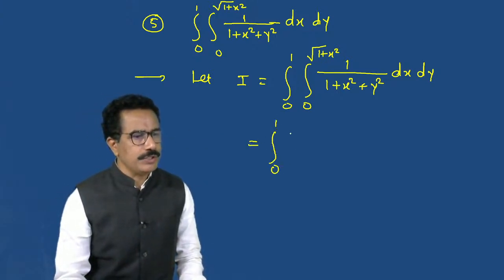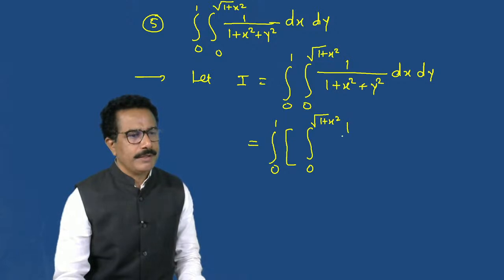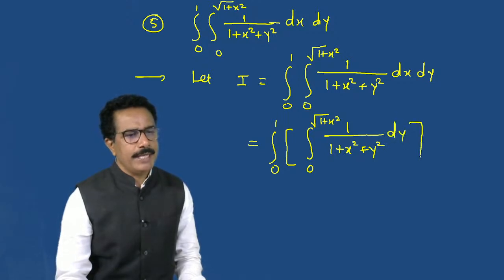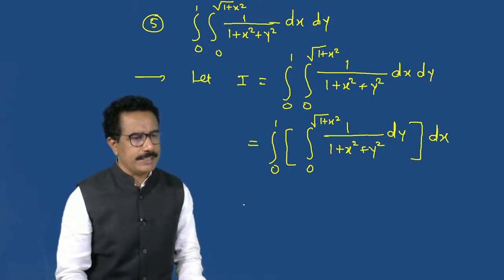So integral from 0 to 1, integral from 0 to root of 1 plus x square, 1 upon 1 plus x square plus y square dy, keeping x constant.